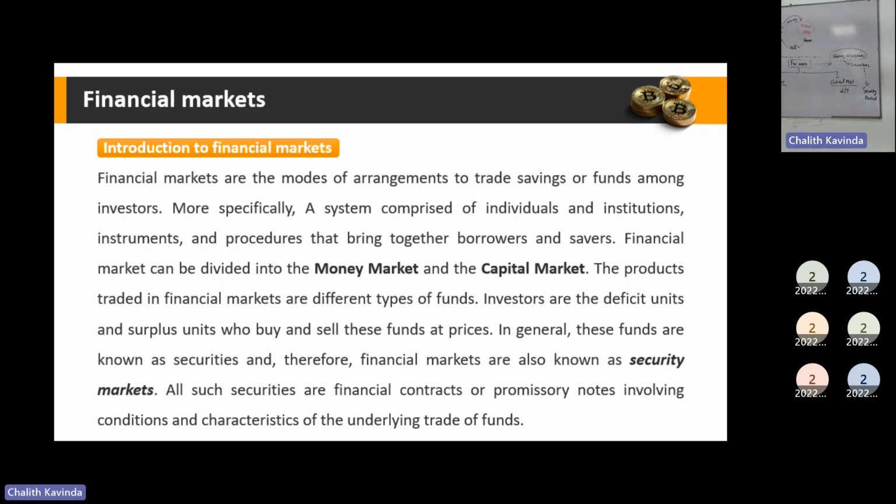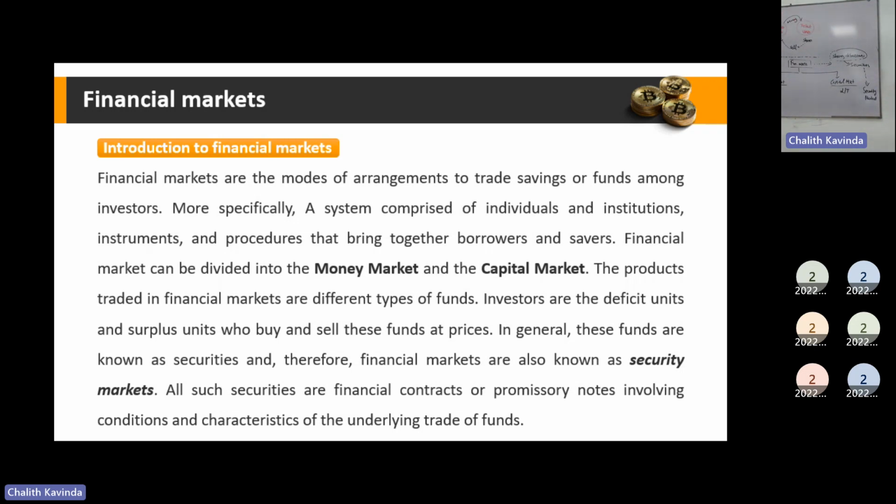The products traded in the financial markets are different types of funds, right? That have shares, debentures, unit trust, many things, different financial instruments are there. So investors are the deficit and the surplus units who buy and sell these funds at different prices. Surplus investors are the people who have more money, and deficit investors are there. So they are trading the financial instruments among themselves.